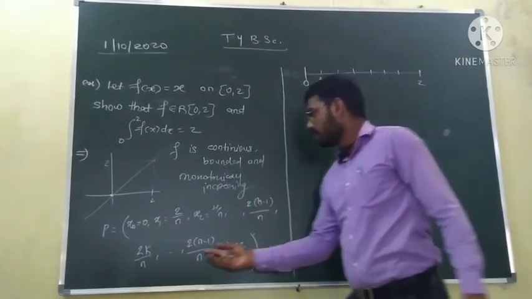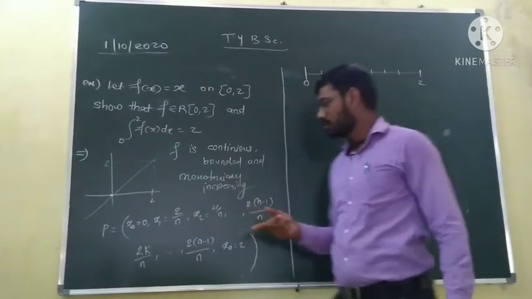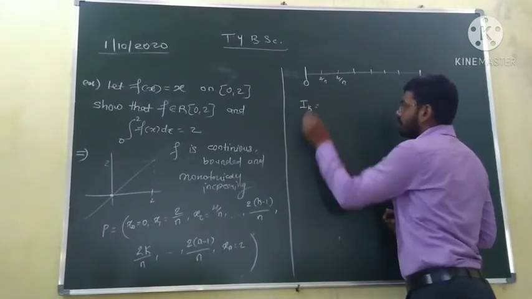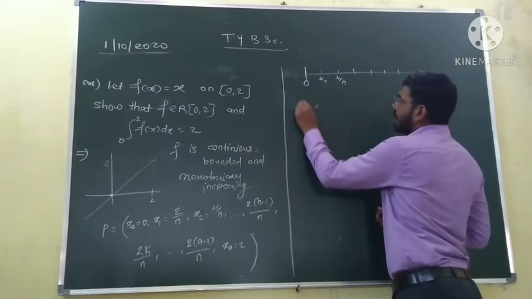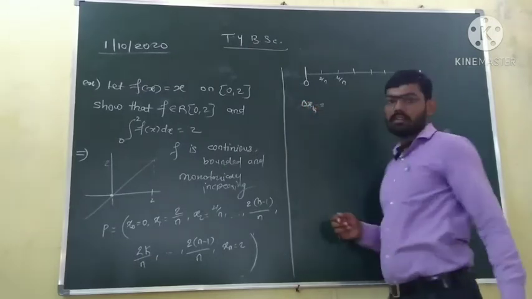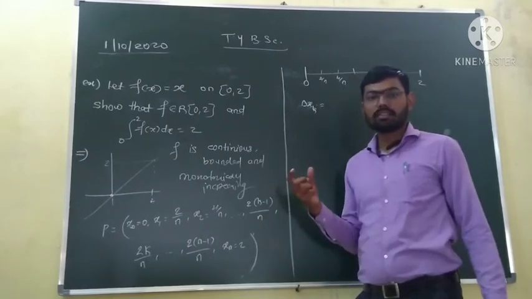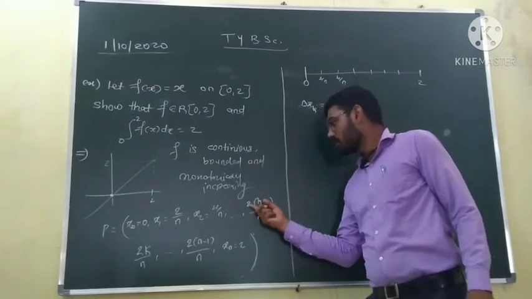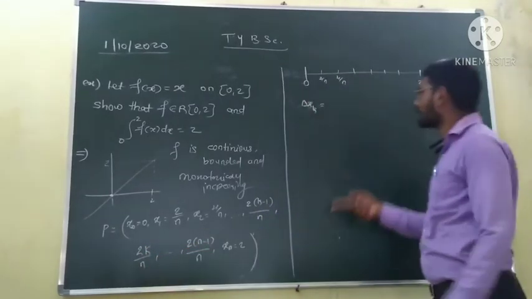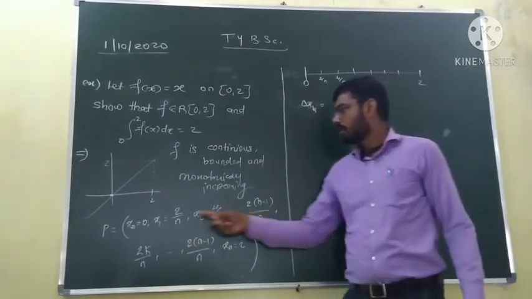See, the length of the kth subinterval, that is I k. Okay, so delta x k, that is the length of the kth subinterval. Now the kth subinterval is nothing but the starting point is 2 into k minus 1 upon n, and the end point is twice k upon n. So the length of the kth subinterval is also 2 by n.